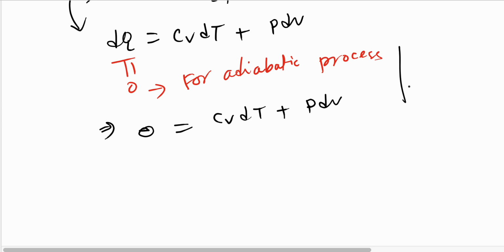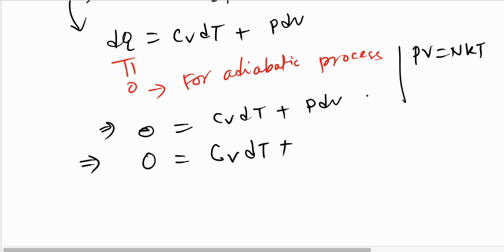Another relation is PV equal to nkT. If we apply it here, we get 0 is equal to Cv dT plus P dV, and in place of P, if I put P equal to nkT by V, it will be nkT by V dV.